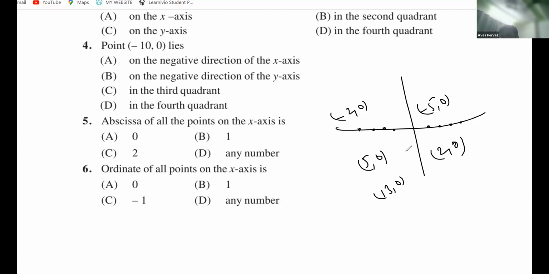Done. Okay. Do the next question. Have you noted the 6th question also in your copy?